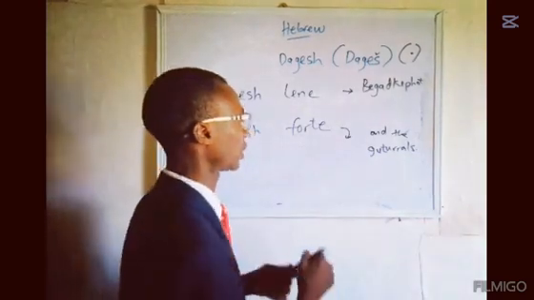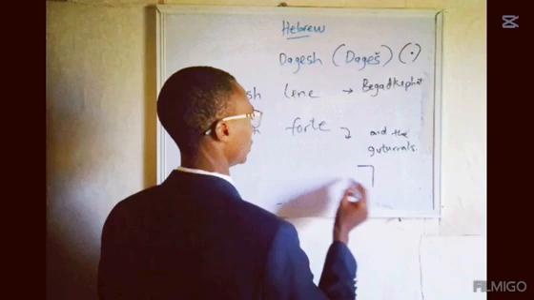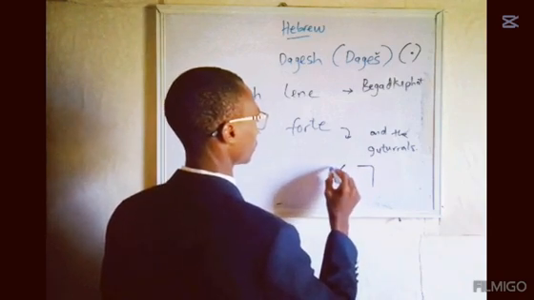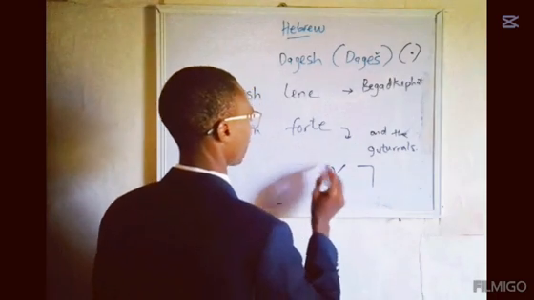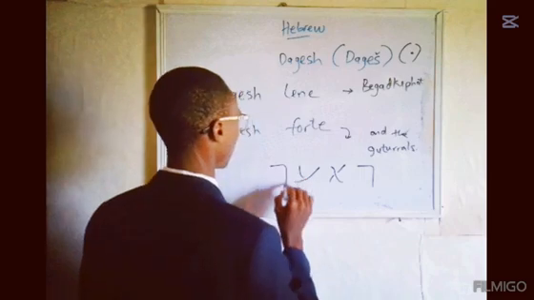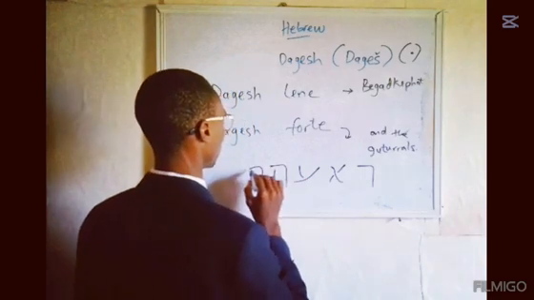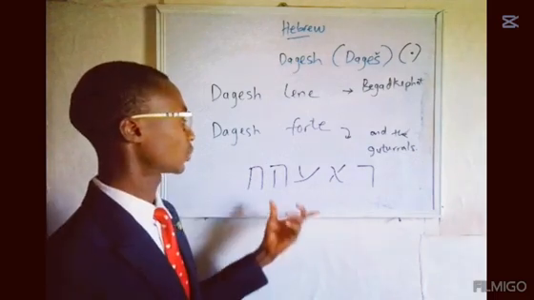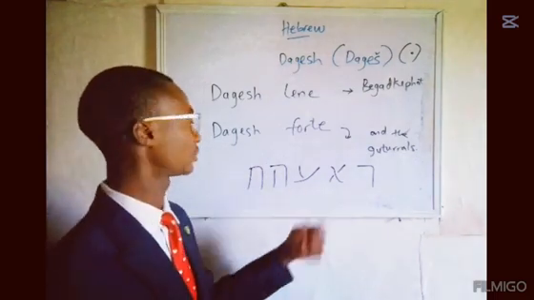What are the gutturals? We have Resh, we have Aleph, we have Ayin, we have Het, and we have He. So these are the gutturals and Resh.